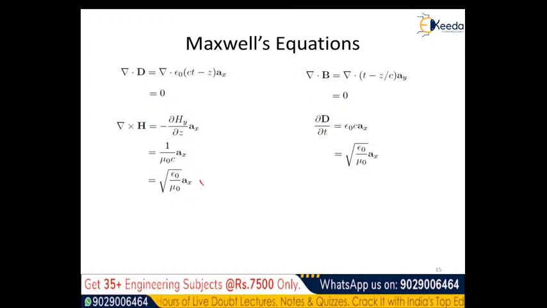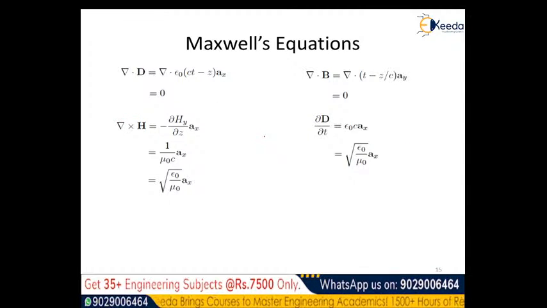Now you see the RHS of this expression and the previous expression are the same, so the LHS can be equated to each other. So del bar cross H bar is equal to del D by del T. This way Maxwell's second equation is also satisfied.